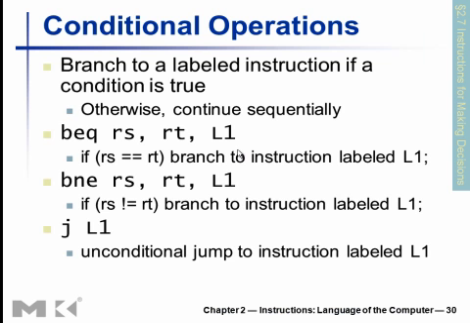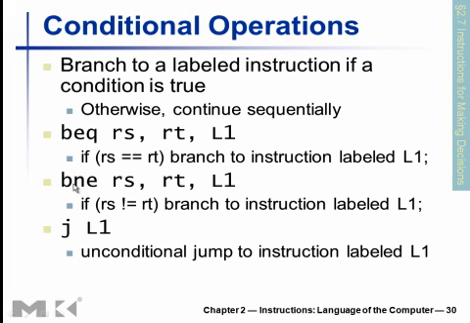Here we want to jump to L1 based on a condition: if RS is equal to RT. We use this to make a decision and change the flow of the program, so we can change the control flow based on the values stored in RS and RT.